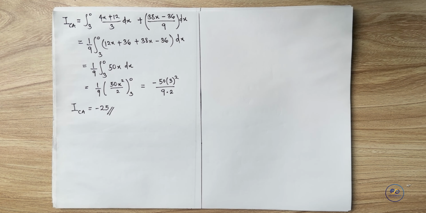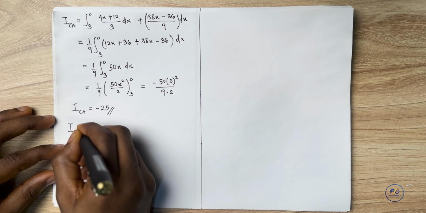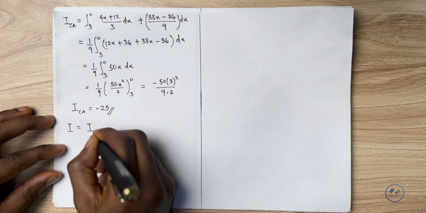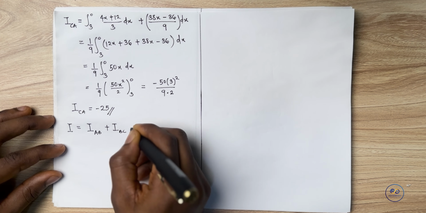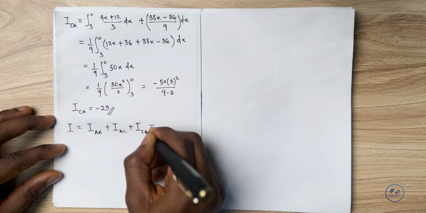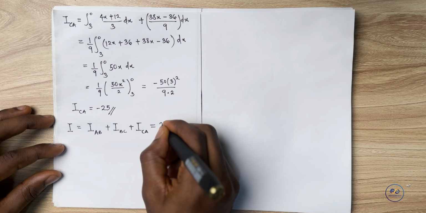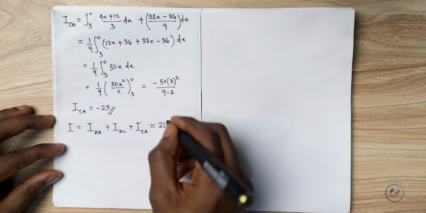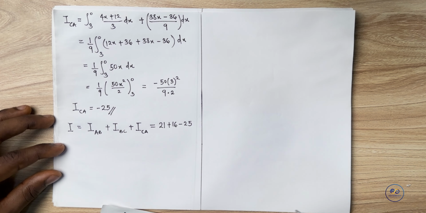So we now have the 3 parts done. So we have that the value of I, which is going to be the sum of the integral along AB plus the integral along BC plus the integral along CA, would now give us the addition of their values, which from our previous solutions, we've seen to be 21 plus 16 minus 25, right?